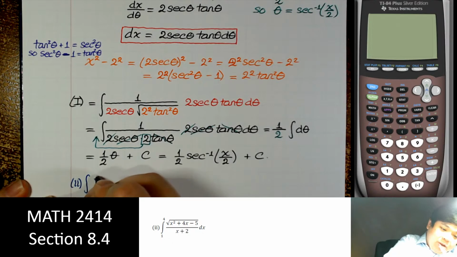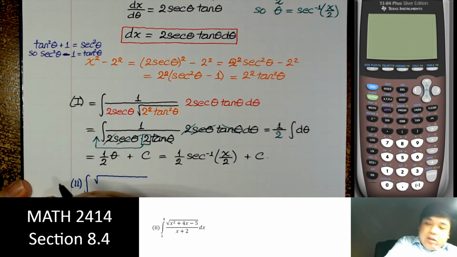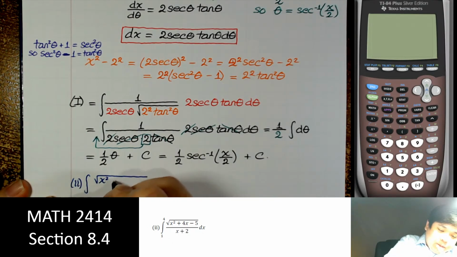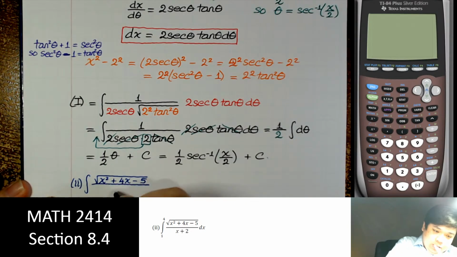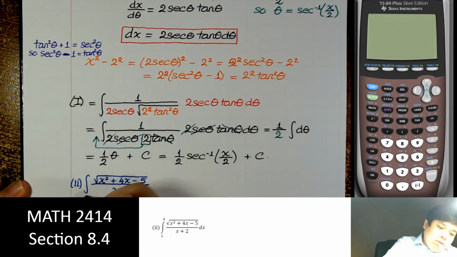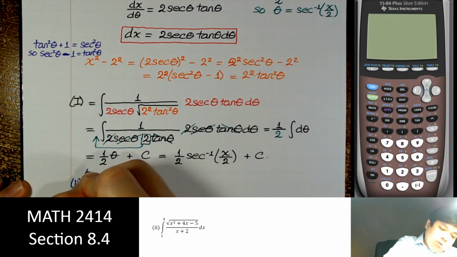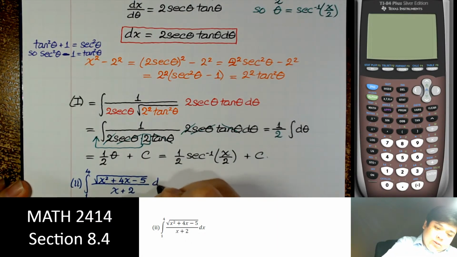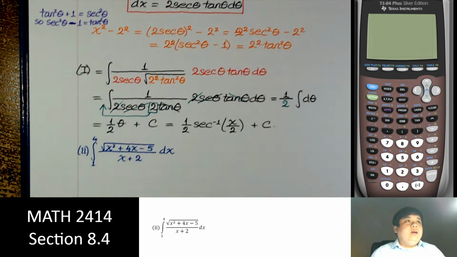What happens if we have the integral of x squared plus 4x plus 5, minus 5, over x plus 2? Right.